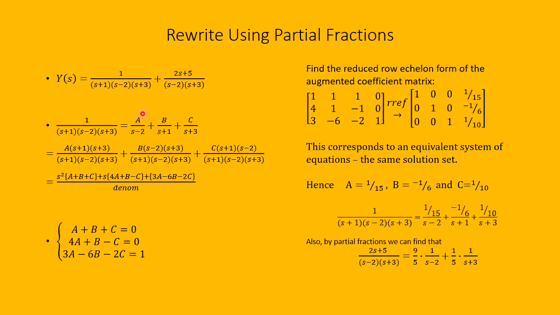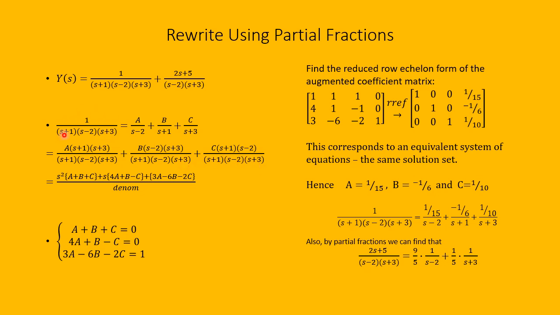So let's multiply this first fraction by (s+1)(s+3) in both numerator and denominator, and do similarly for these two fractions. And so what we get then is A(s+1)(s+3) over that denominator, plus B(s−2)(s+3) over that denominator, plus C(s+1)(s−2) over that denominator.